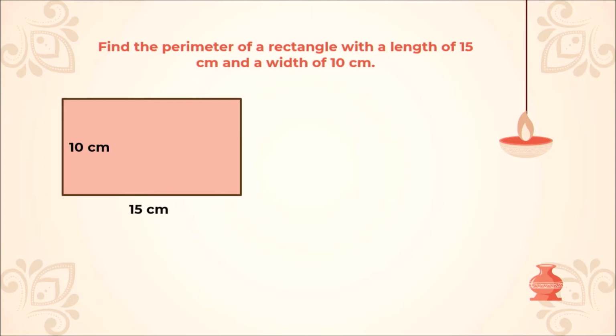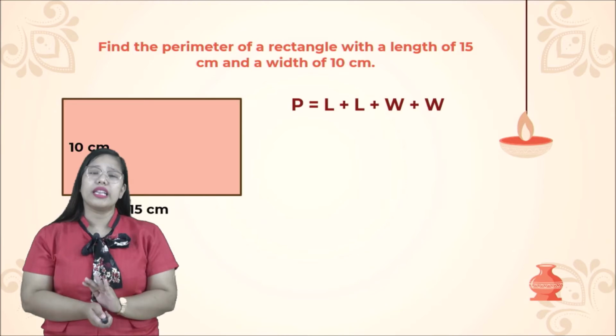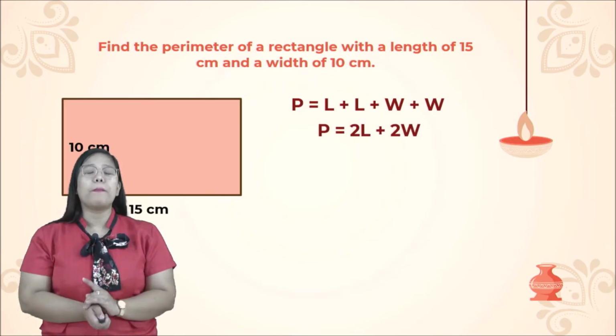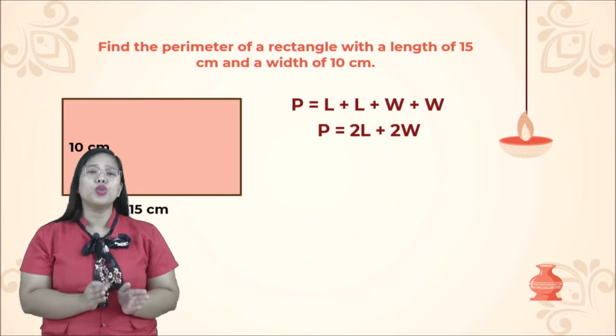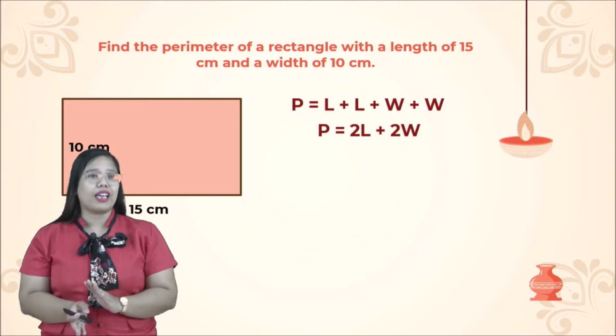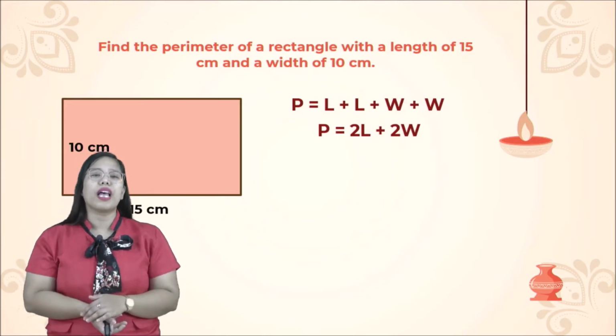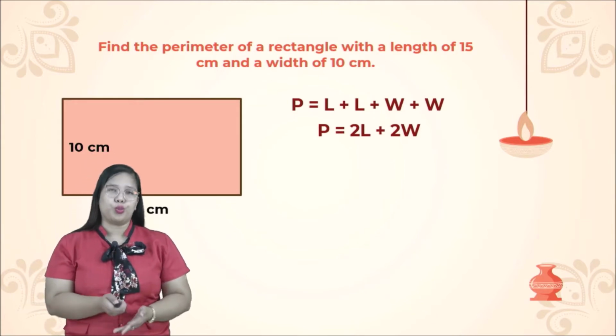Our formula will be perimeter equals length plus width plus length plus width, or 2 times length plus 2 times width. Meaning, we multiply the length by 2 and then multiply the width by 2.